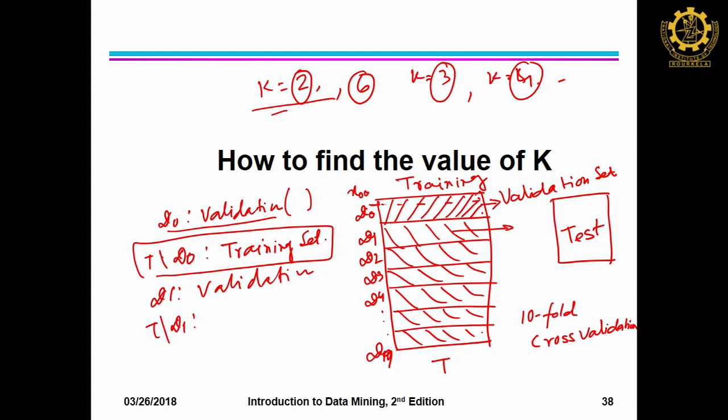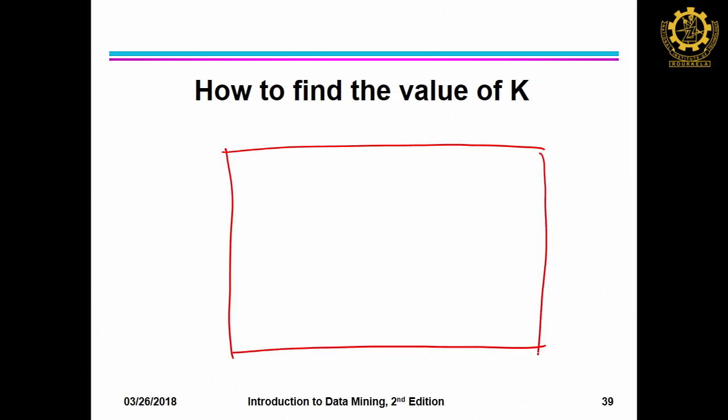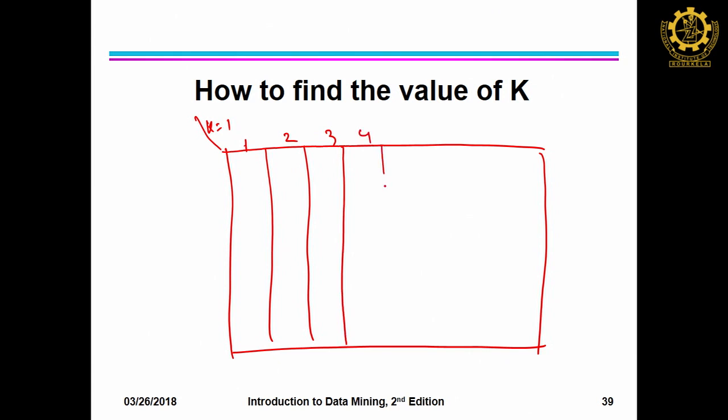So, more elaborately, let us say we will have a matrix like that. Here we say k equal to 1, k equal to 2, k equal to 3, k equal to 4, k equal to 5 and up to some value k m, and this side will have the validation set, say how many folds.